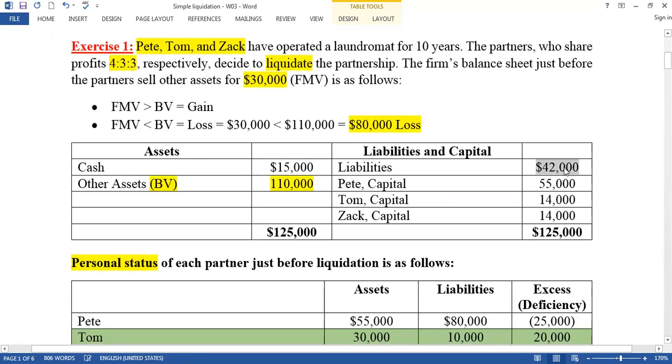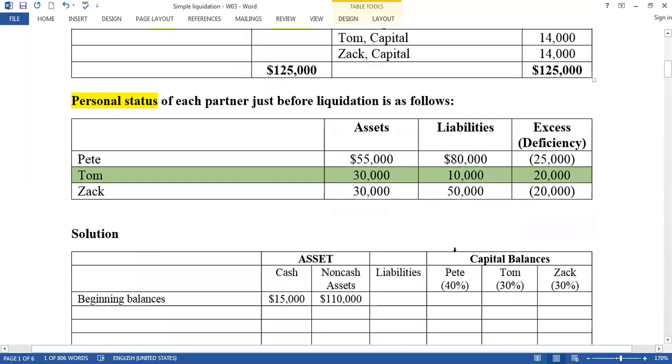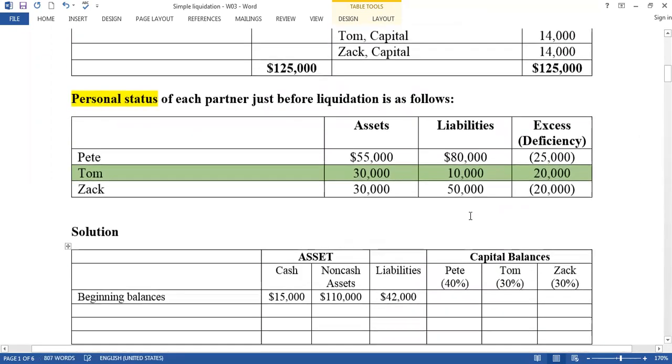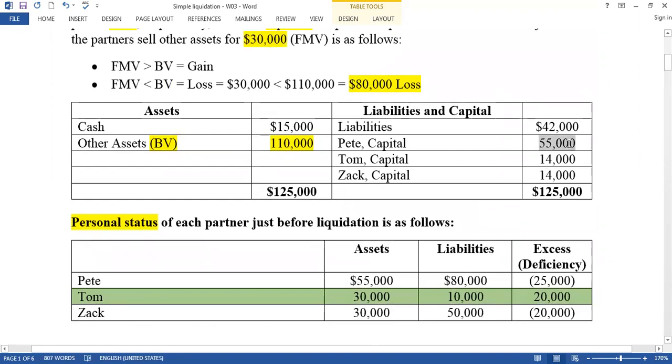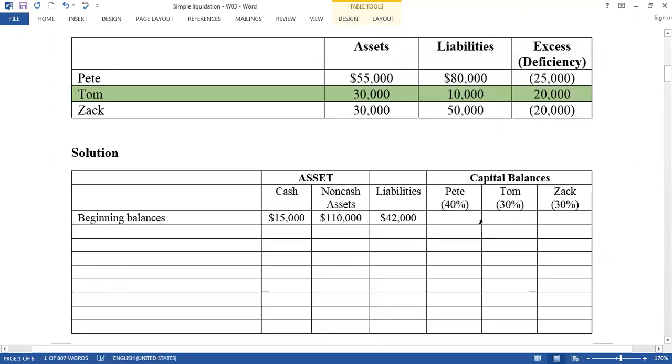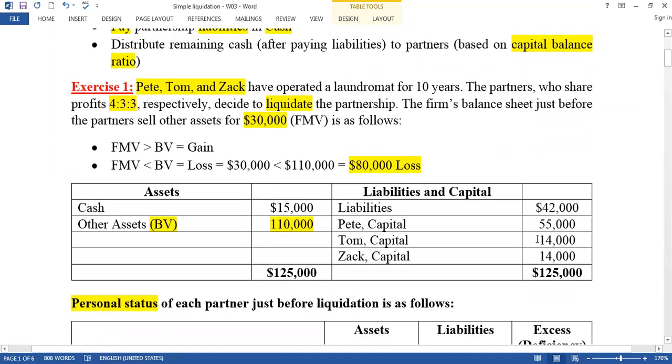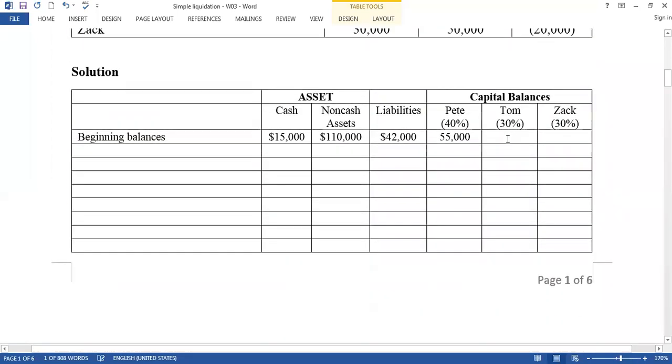Our liabilities balance is $42,000. Then P capital is $55,000, T capital $14,000, and Z capital $14,000. So these are the beginning balances.